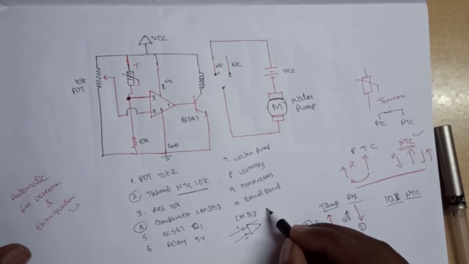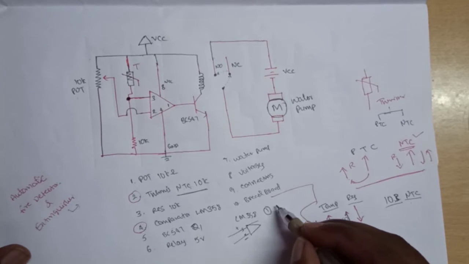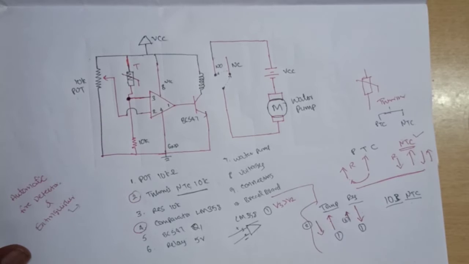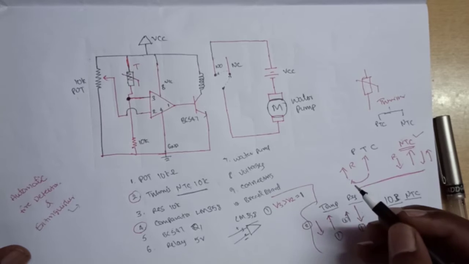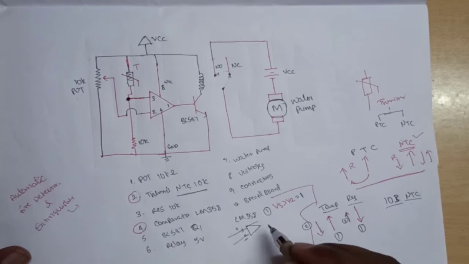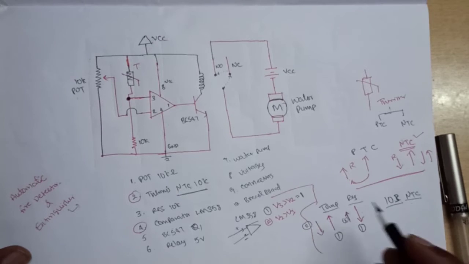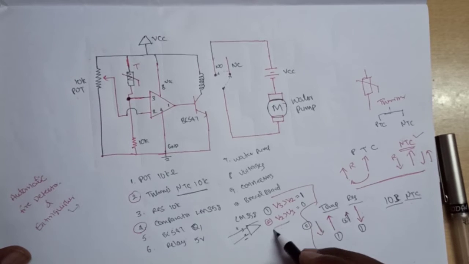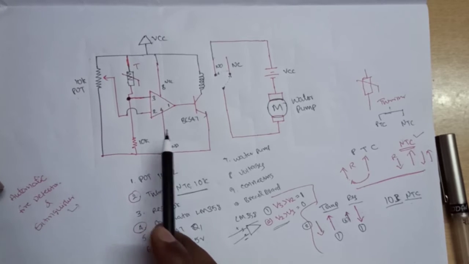First condition, if voltage at pin 3 is greater than voltage at pin 2, the output will be high, that is 1. Second condition, if voltage at pin 2 is greater than voltage at pin 3, the output will be 0. This condition we are using in our application.